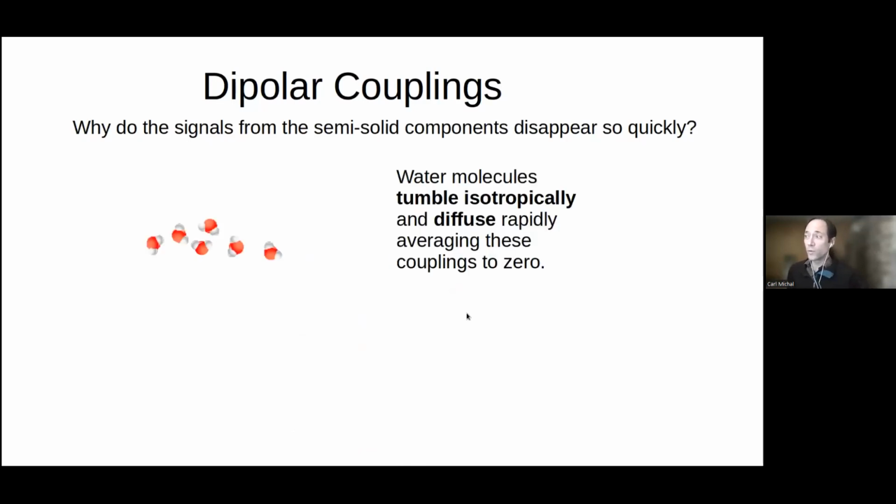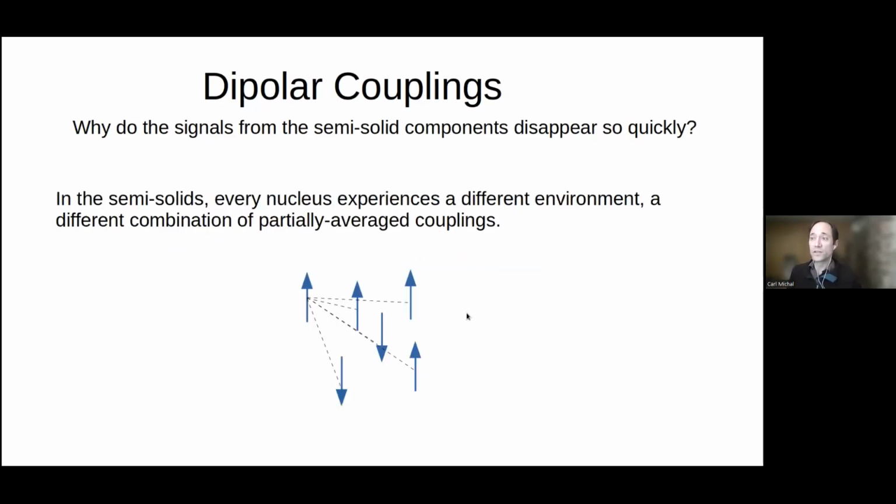Water molecules, of course, tumble isotropically and diffuse rapidly, and so these dipolar couplings are averaged to 0. In the semi-solid components of the tissue, every nucleus experiences a different environment. It sees a different combination of partially averaged couplings.